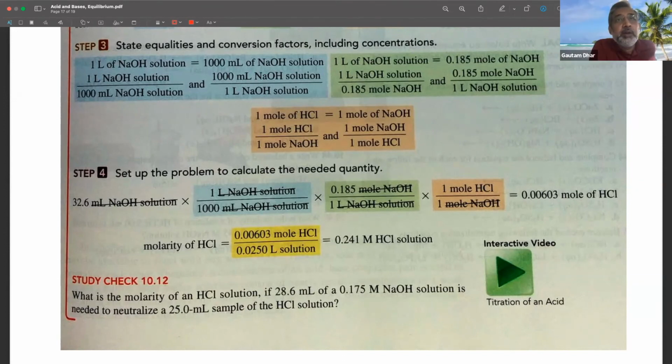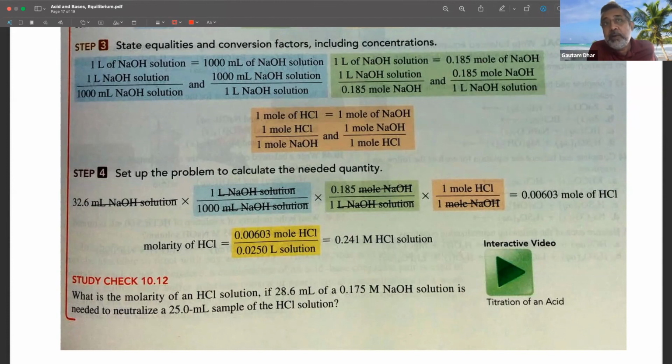Okay, now, if you understood this, can you do the next problem? What is the molarity of an HCl solution if 28.6 milliliter of 0.175 molar sodium hydroxide solution is needed to neutralize a 25 milliliter sample of HCl? So you have to do it the same way.